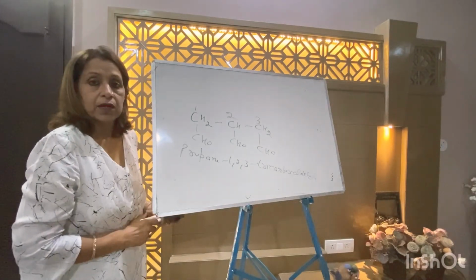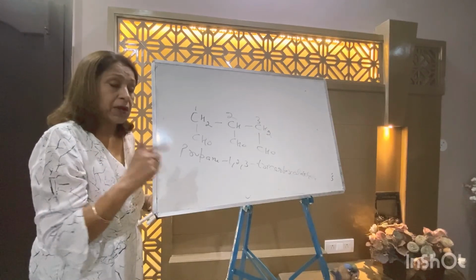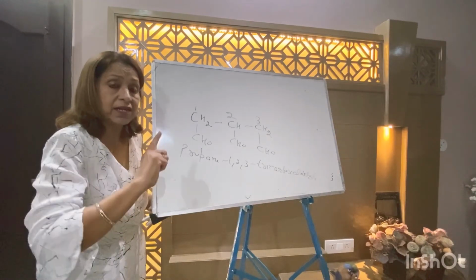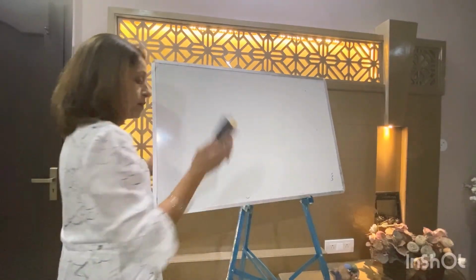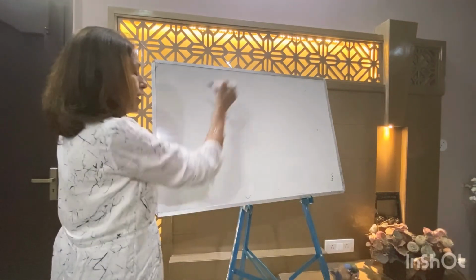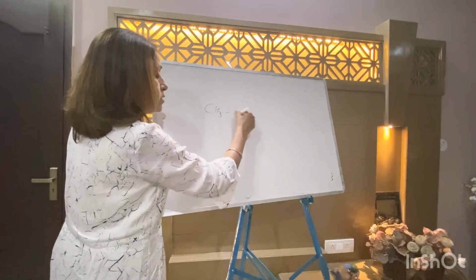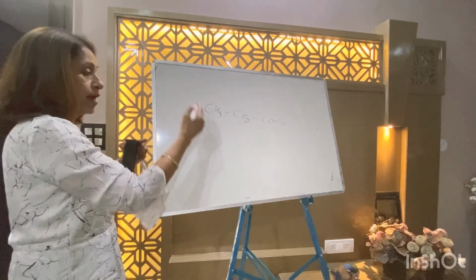Now I am repeating the same topic with carboxylic acid because aldehyde and carboxylic acid are one and the same thing, copy paste. I am taking it so that your topic gets repeated again. Write down. Now write down CH3, CH2, COOH, carboxylic acid it is. So what is the name?